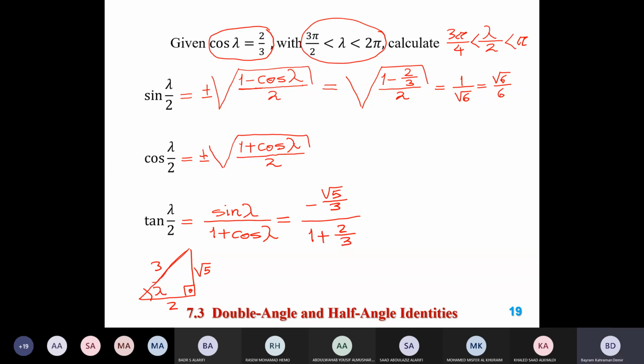Sine is negative because lambda is in the fourth quadrant, Shabab. Of course, Shabab, I'm going to leave these calculations for you.